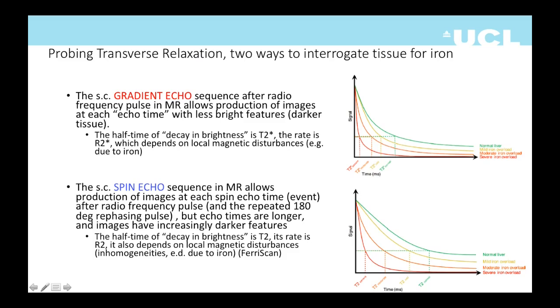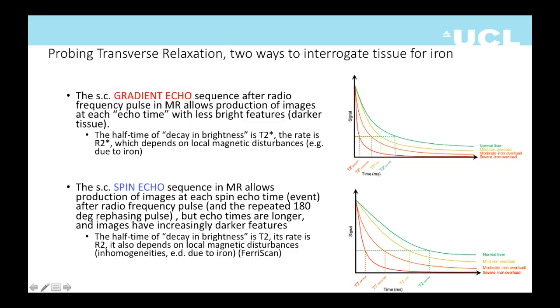It's important that tissues that darken quickly have a short T2 star. Tissues that darken less quickly have a longer T2 star. For the spin echo sequence, it's similar in principle, but there are some details which we don't have to go into.